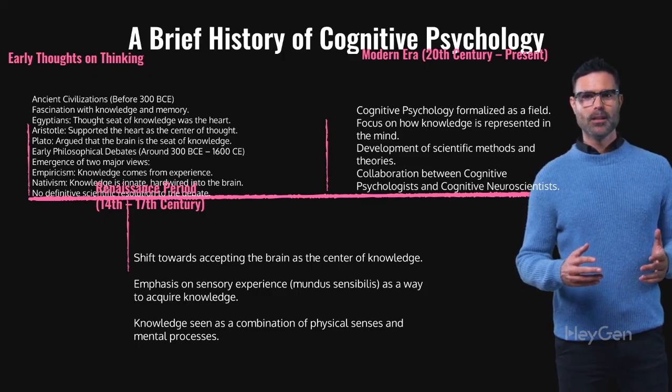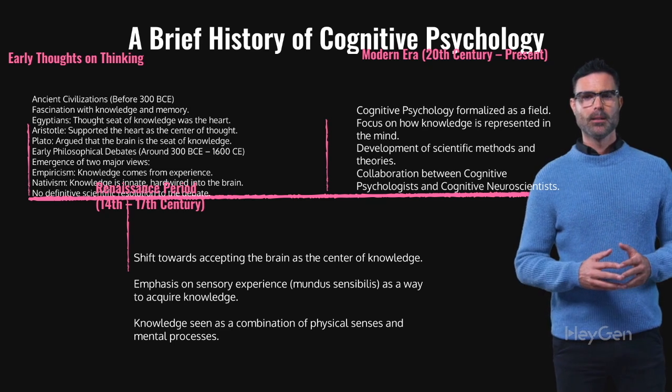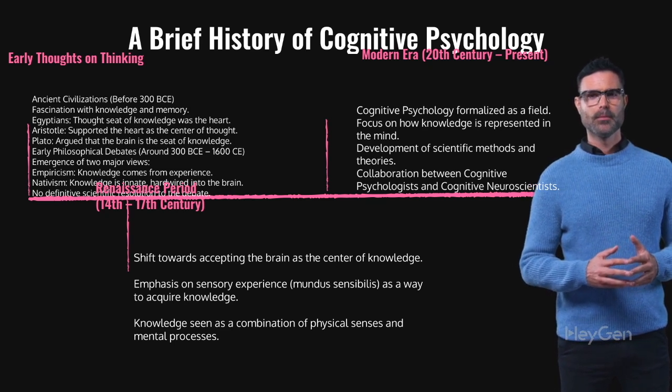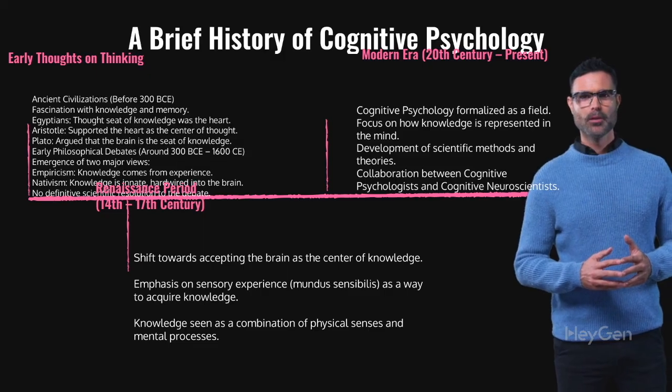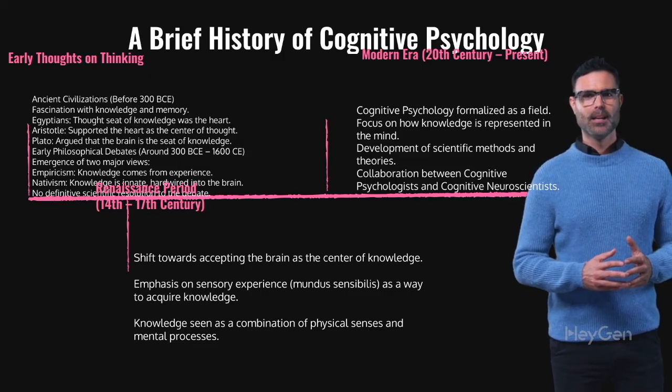Moving forward to the Renaissance, there was a significant shift in thinking. Philosophers and theologians of this period generally agreed that the brain, not the heart, was the center of knowledge. Moreover, Renaissance scholars proposed that knowledge was gained through more than just pure reasoning or divine insight.